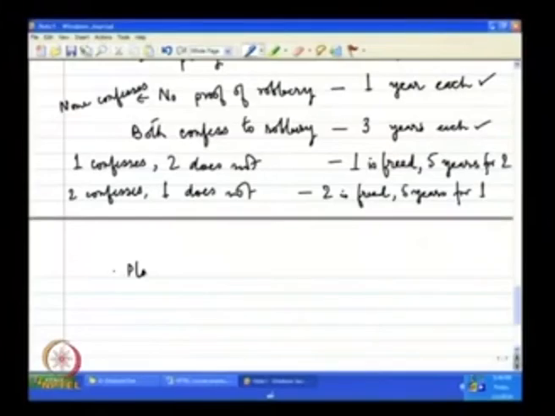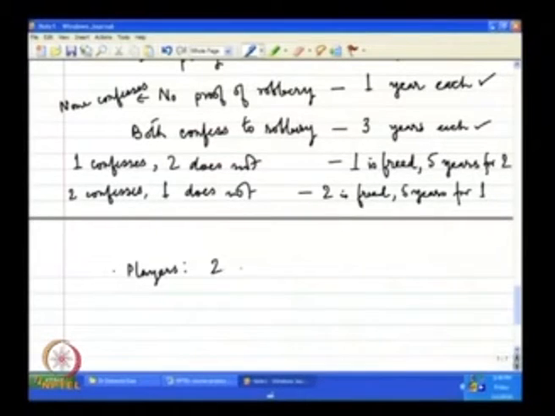What we need to know in strategic games, as I have just told you, is that we need to be sure about 3 elements. First is the number of players. So, here who are the players? Here the players are obviously these 2 thieves, these 2 prisoners, because now they are going to make a decision what to do, confess or not confess. So, players here are 2 prisoners.